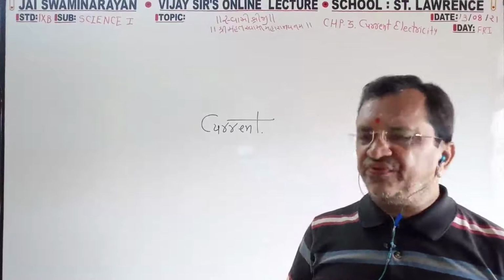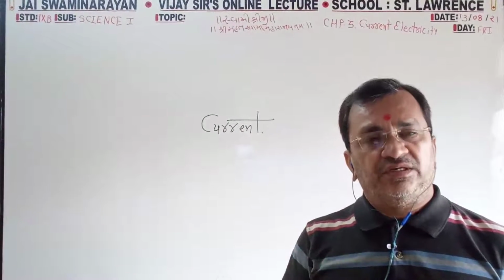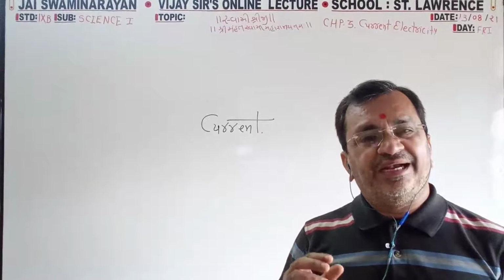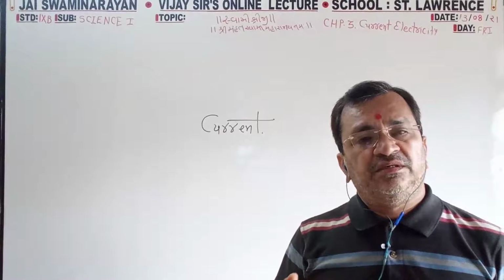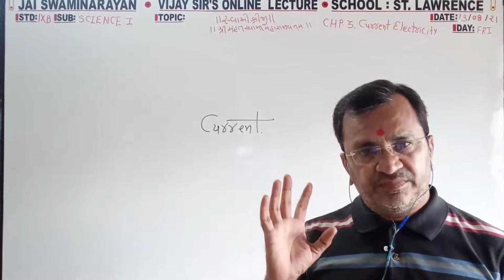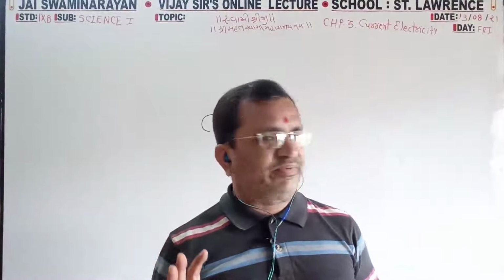In the opposite question, why electric current cannot flow through the non-metal? In non-metal, the atom of the non-metal doesn't have free electrons in the outermost orbit, so no flow of current is possible.